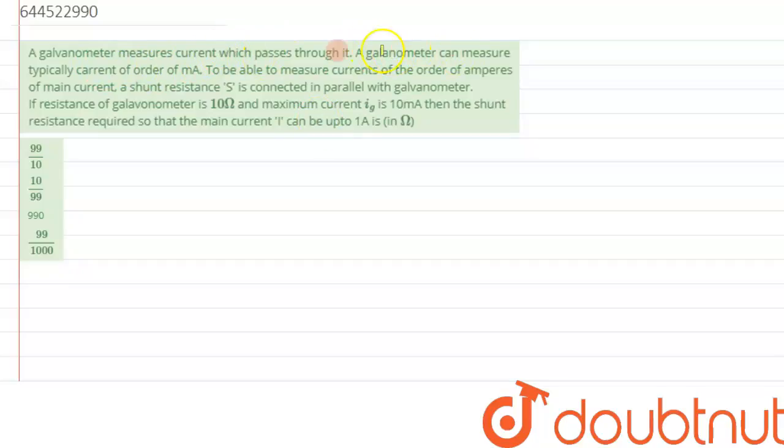So we are given a question which says a galvanometer measures current which passes through it. A galvanometer can typically measure a current of the order of milliampere. To be able to measure current of the order of amperes of main current, a shunt resistance S is connected in parallel with the galvanometer. If the resistance of a galvanometer is 10 ohm and the maximum current Ig, that is the current through the galvanometer, is 10 milliampere, then the shunt resistance required so that the main current I can be up to 1 ampere, in ohm, is.